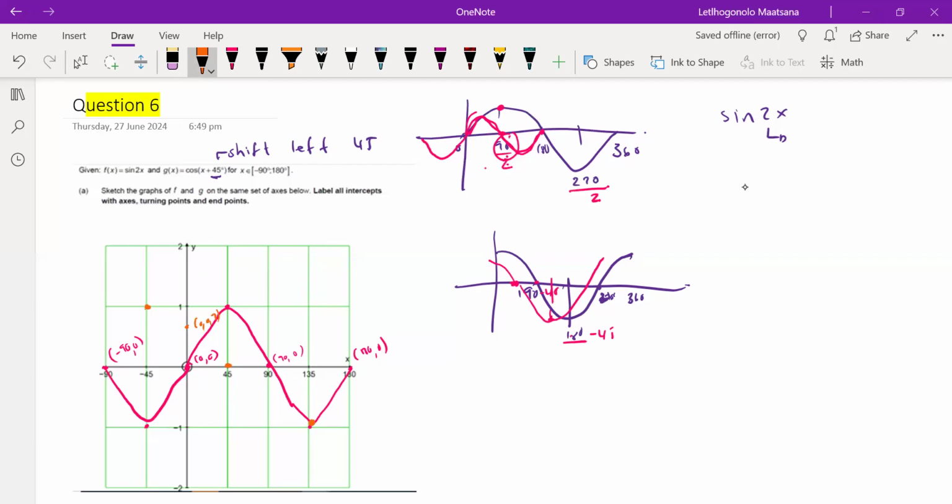You would have to use your calculators to calculate those values, and we will have the same value here at minus 90 and 0.7. So the graph goes like this, and that. So that's our graph. That is our two graphs over there.